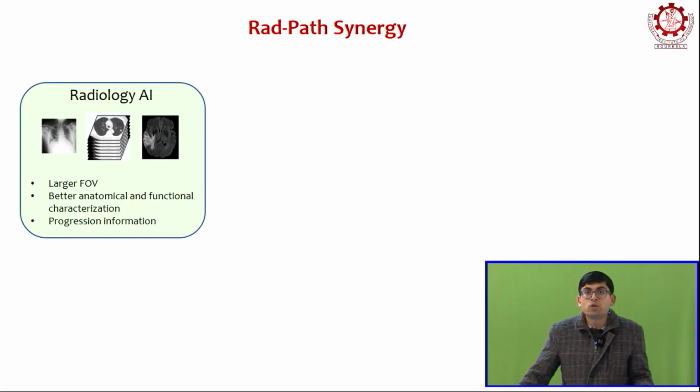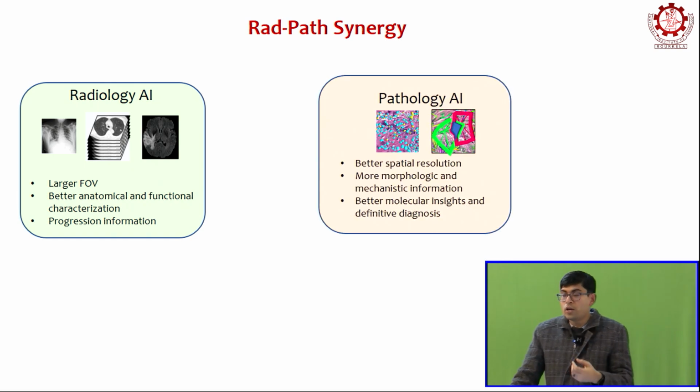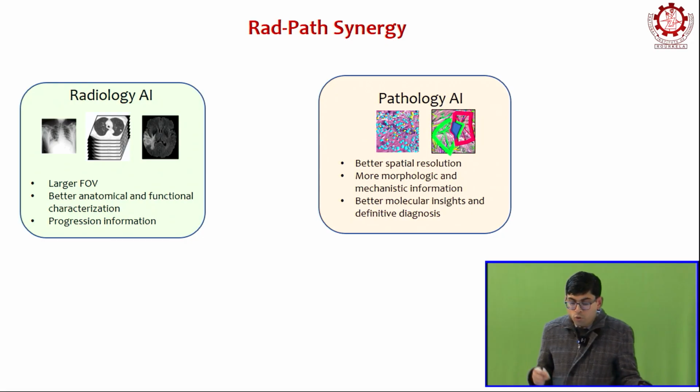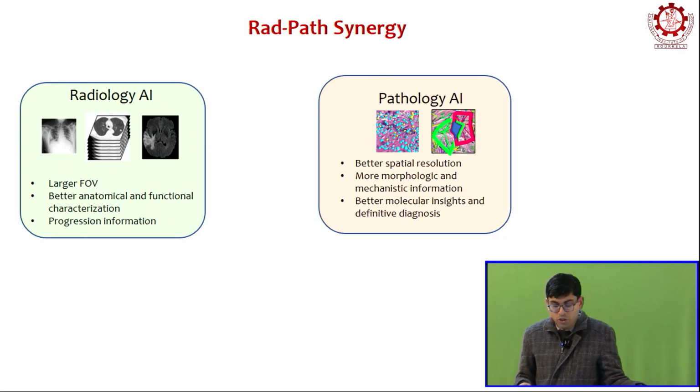So with radiology, what do we have? We have a larger field of view because it's a more macro picture of what the disease is. You have better anatomical and functional characterization, and you get progression information. In pathology AI, you have better spatial resolution, more morphologic and mechanistic information, and better molecular insights.